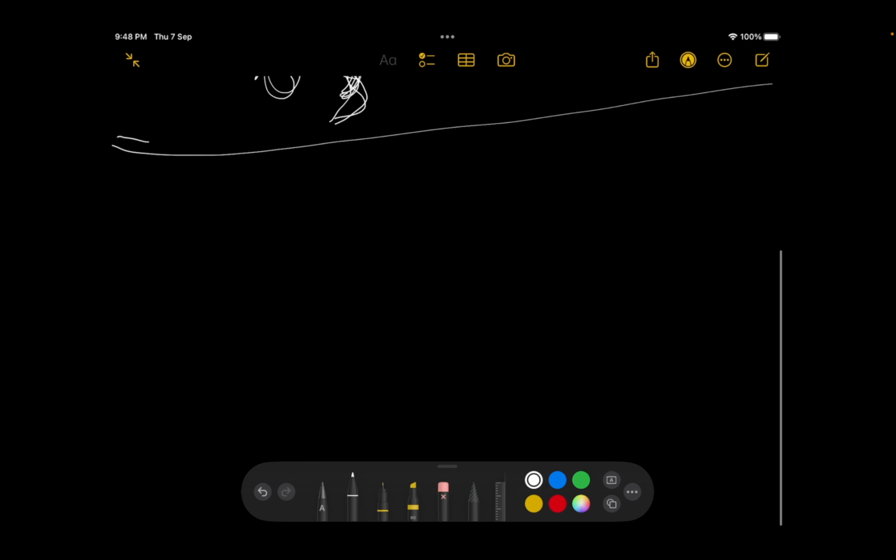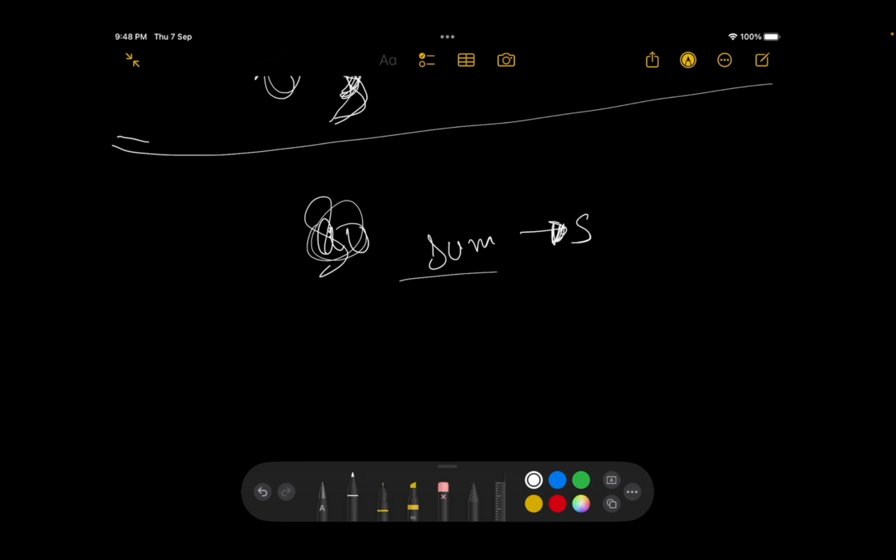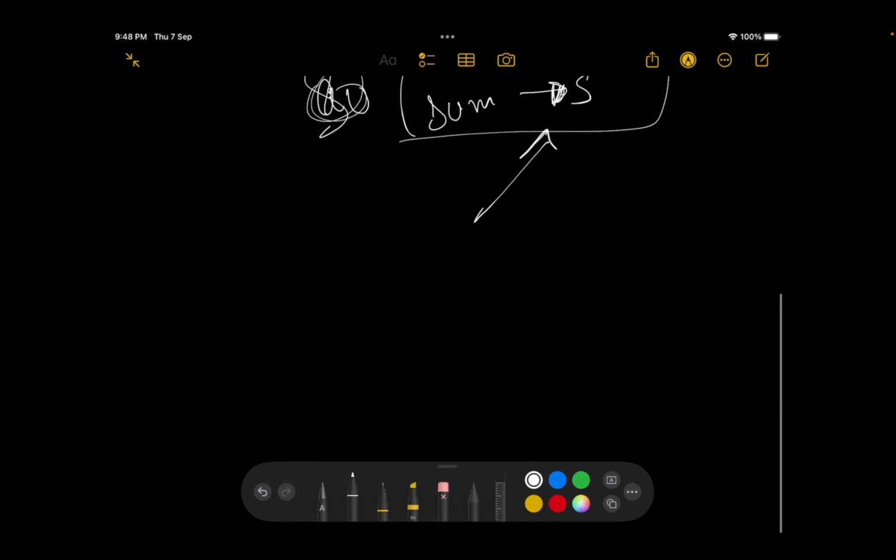So what if I say that you have to form a sum S, right? And it should comprise 2 numbers that are both even, right? So that basically means that S should also be even. If S is even, then only both of the numbers comprising it can also be even, right?